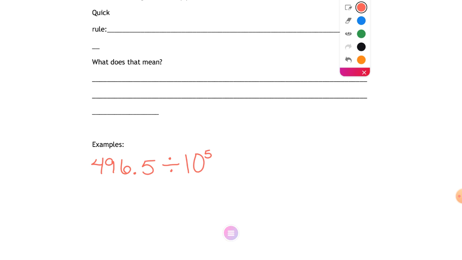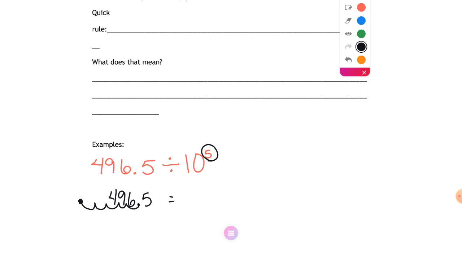Since it's to the 5th power, you do move it over 5 times. Okay, so first I copy down the number. Okay, and he said the 5 in the 5th power. If I multiplied out 10 times 10 times 10 times 10 times 10, it would have 5 zeros. So really all I need to focus on is that 5, and it tells me to move it 5 times to the left. 1, 2, 3, 4, 5.